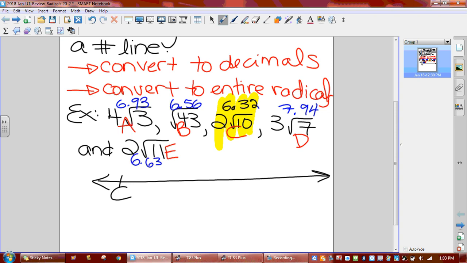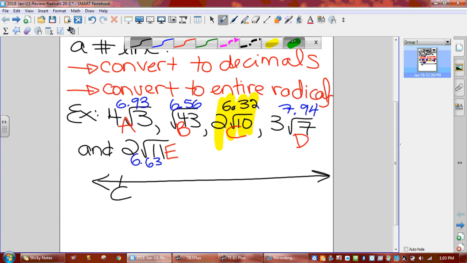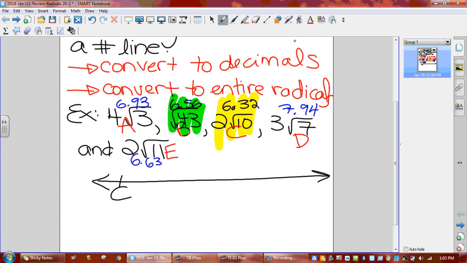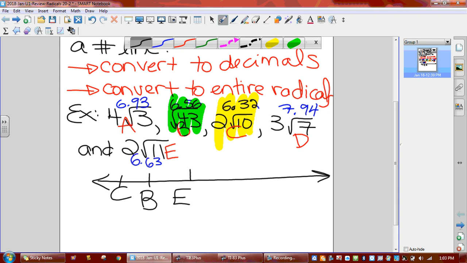Who would be next to him? Yep, absolutely. Root 43 goes next. Cross him off. We did him. So B goes next. All right, who's bigger than B? Letter E is. Good job. Okay, so we've dealt with letter B, C, and E. Who's bigger than letter E?